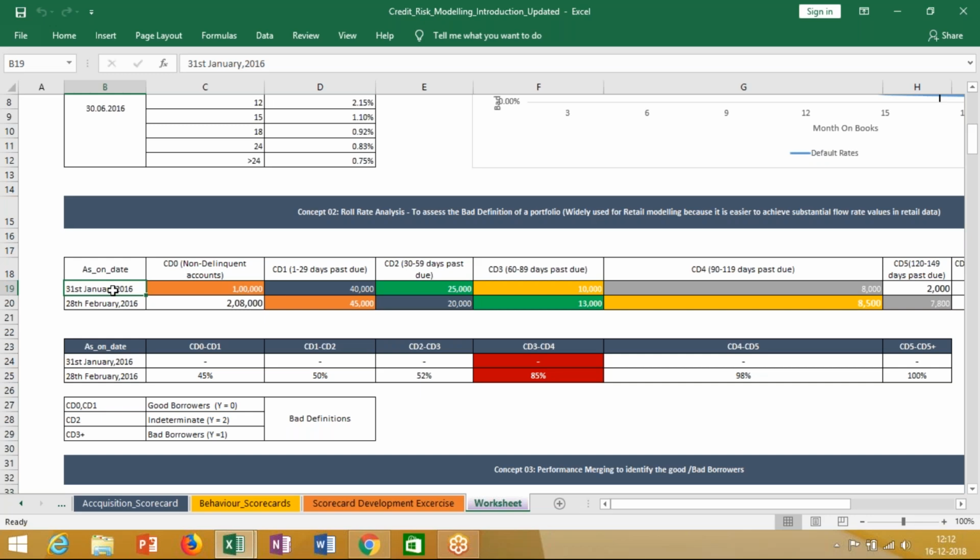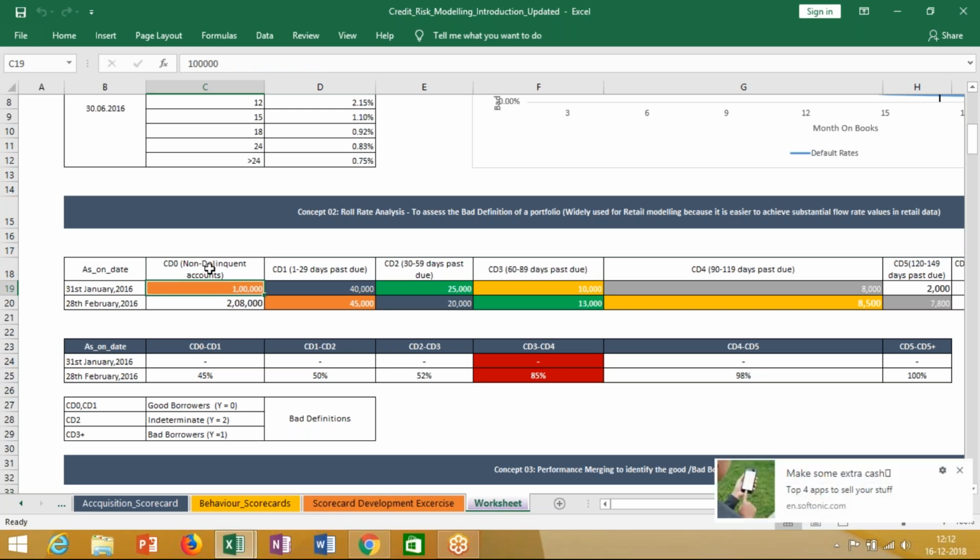On 31st Jan 2016, I see my current accounts, the non-delinquent active on-book accounts. As on 31st Jan 2015, the number of accounts on the books is 1 lakh.